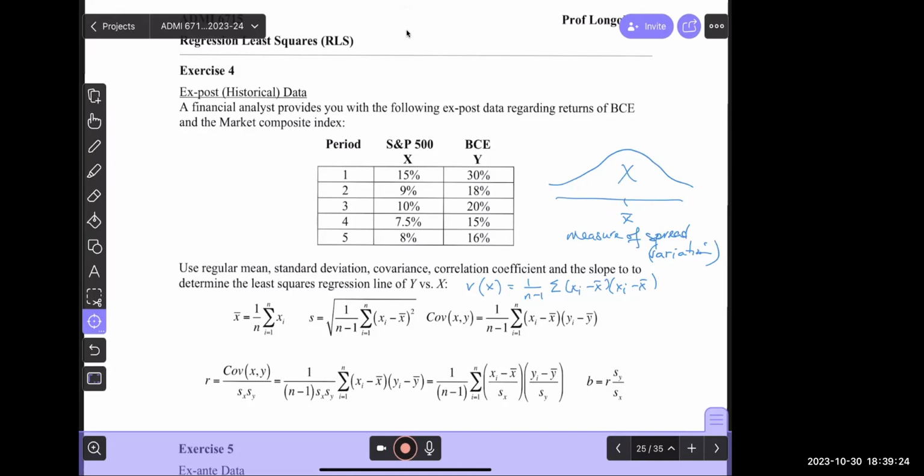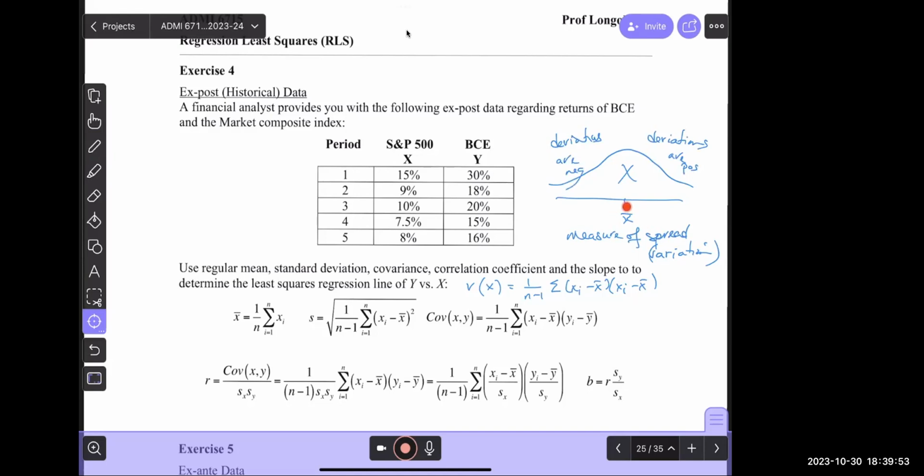And what's going to happen is when you subtract in this fashion, x minus x bar, the deviations calculated for values above the mean are going to be positive, but deviations for values below the mean will be negative.